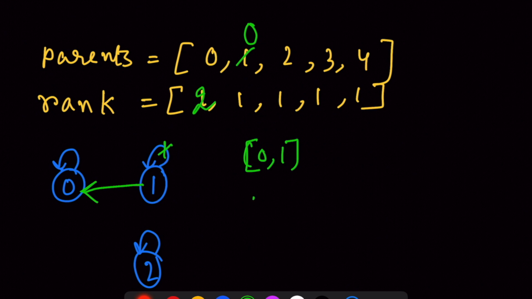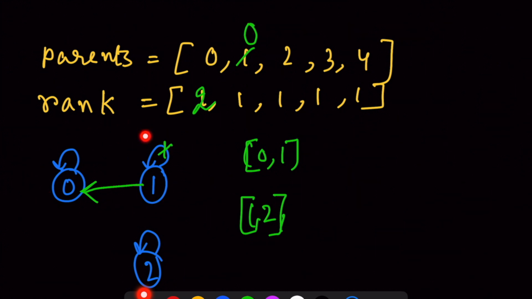Next we are adding, let's say, 1 and 2. So 1's representative is 0, and 2's representative is 2 itself. That means we have to do the union on this 2. And how do we do that? We are not checking the size of this node, we are checking the size of its representative, that means the size of this component.